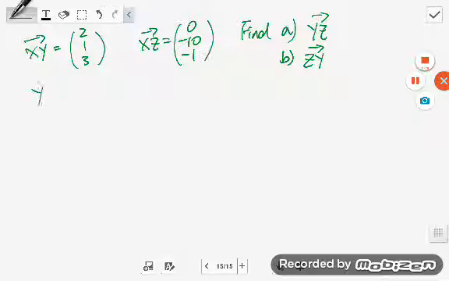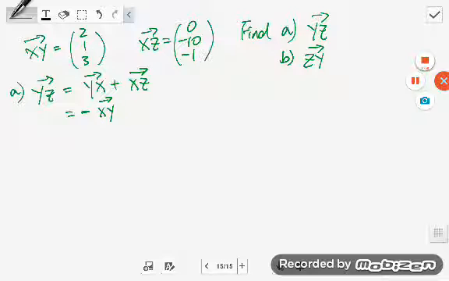So my vector yz is equal to my vector yx plus my vector xz, right? Now they've given us xy, and therefore my vector yx is just the opposite of my vector xy, correct?